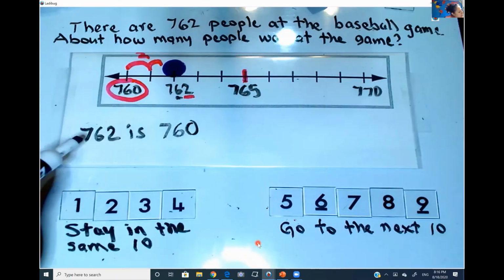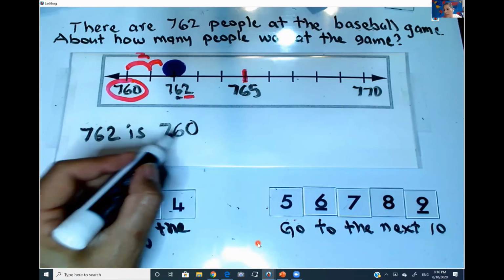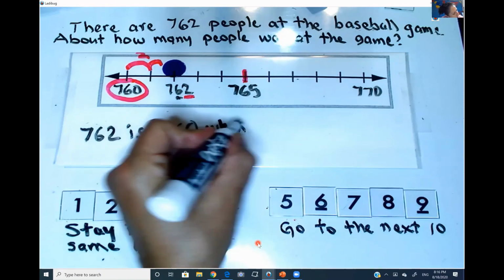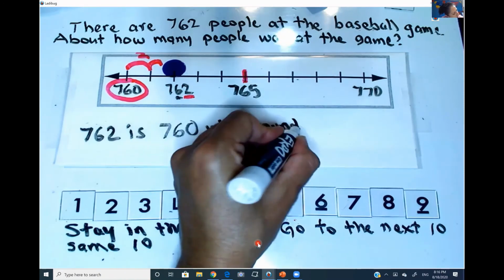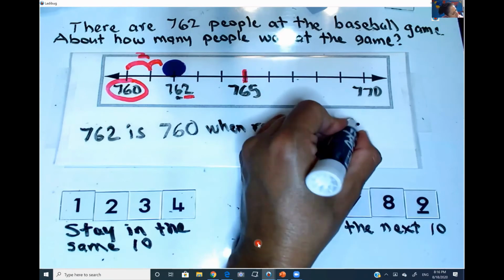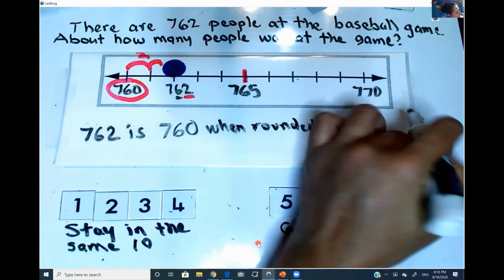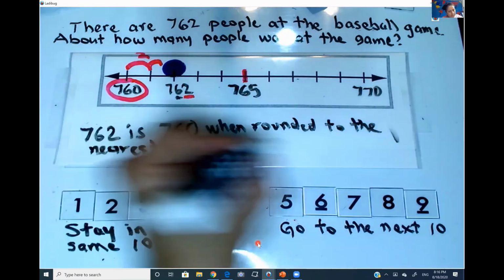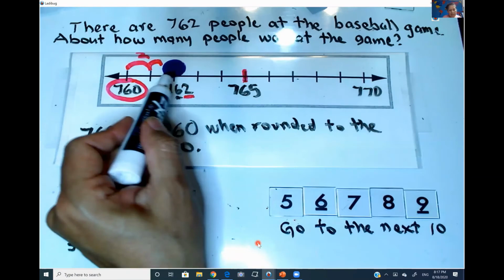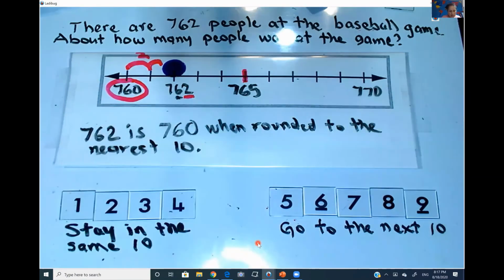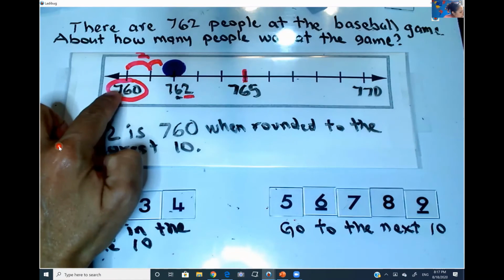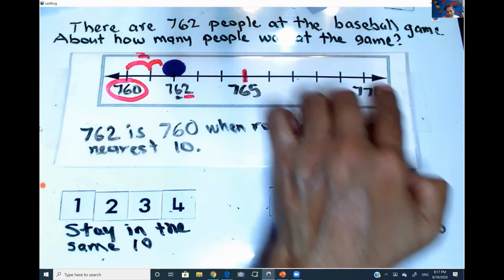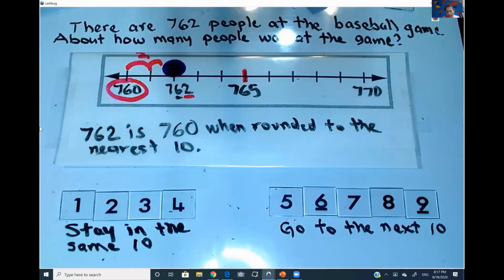So 762 is 760 when rounded to the nearest 10. Now you can notice that that's the case because if you pay attention, the 760 is closer than the 770. So remember, we're trying to find which one is the closest.